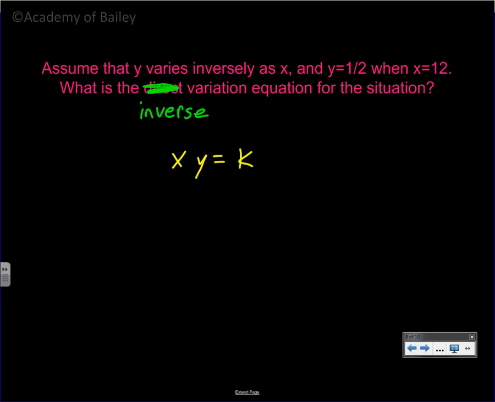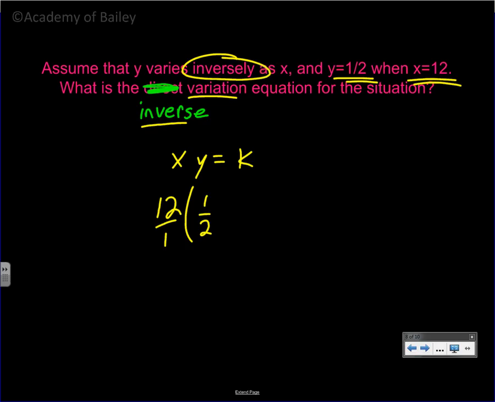xy is equal to k. That's inverse variation. So x is 12, y is 1/2. So I know 12 times 1 is 12, 1 times 2 is 2, and 12 over 2 is 6.